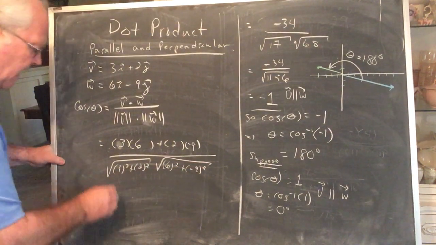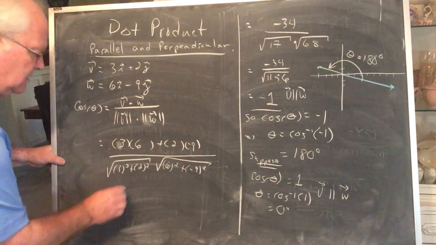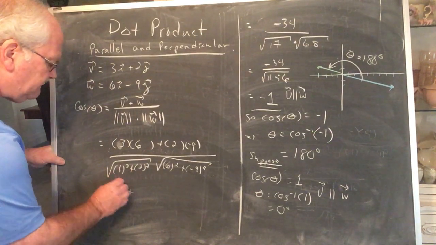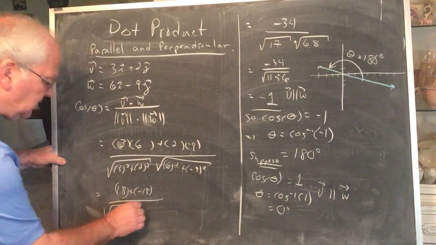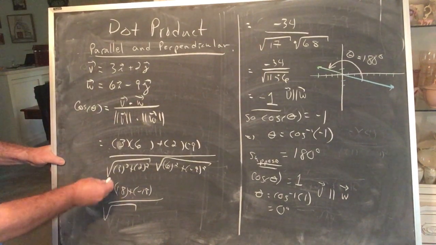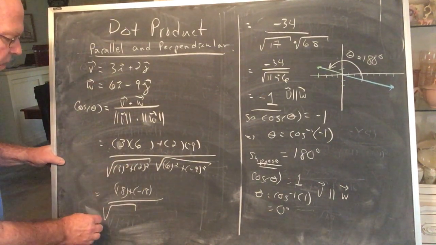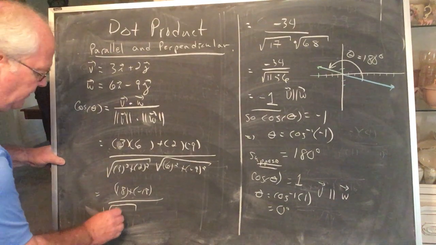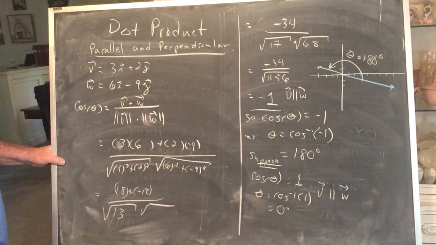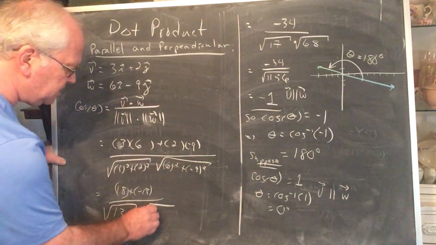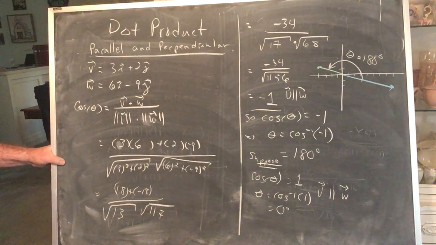Well, what do we have out of all that? That becomes 18 plus negative 18 over, and it turns out it doesn't matter what this is, as long as it's non-zero. This is 9 plus 4, the square root of 13. This is 36 plus 81, which is 117.